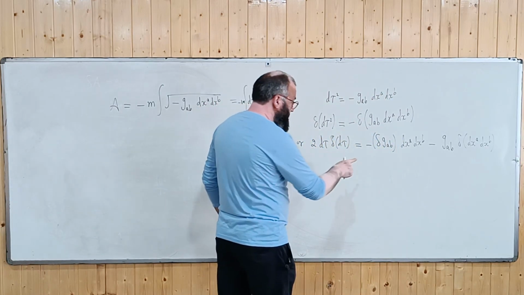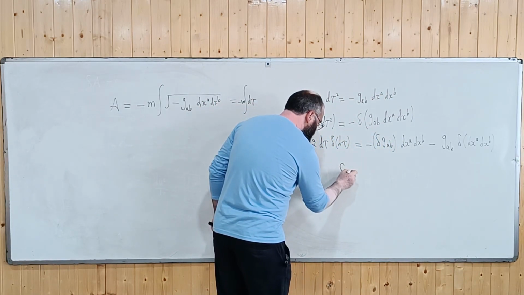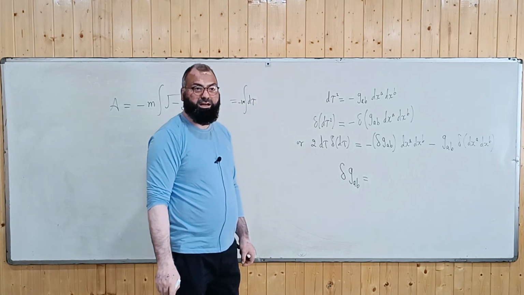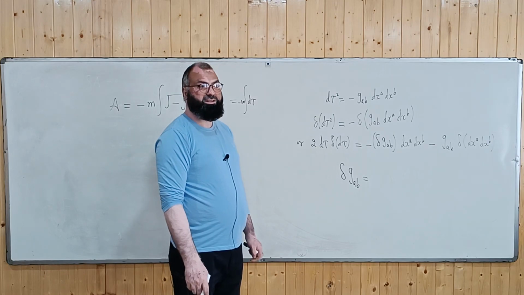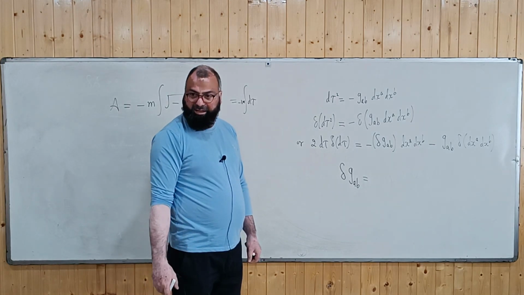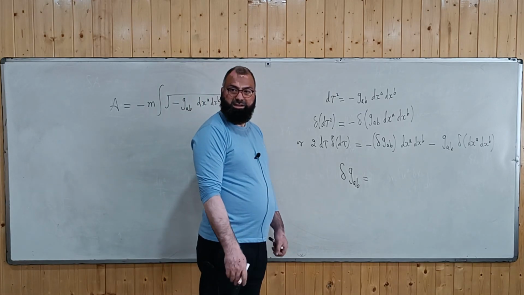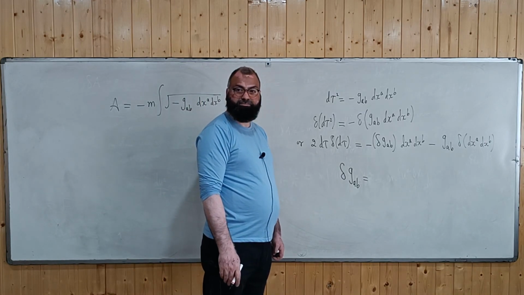Okay, so let's take this variation, this delta g_ab. Let's use the chain rule, or Euler's theorem. What is the variation of f? It is partial f by partial x multiplied by delta x. So how can I write it?